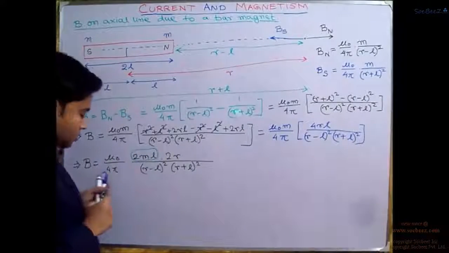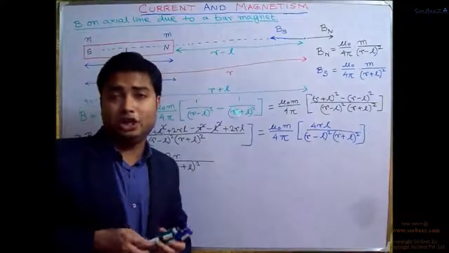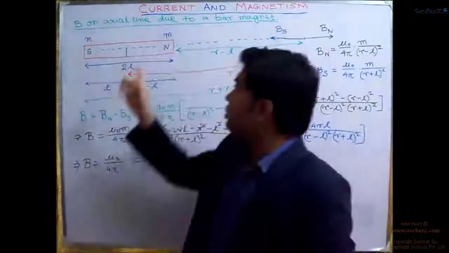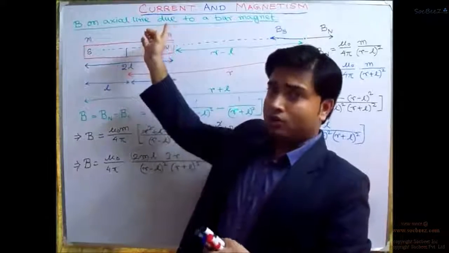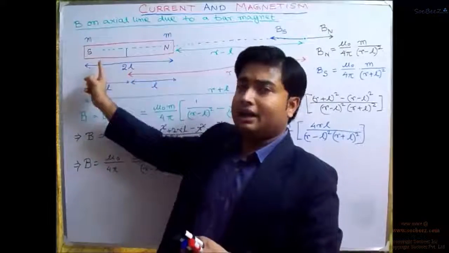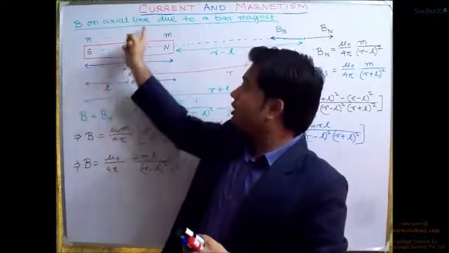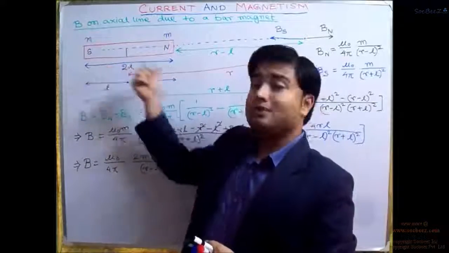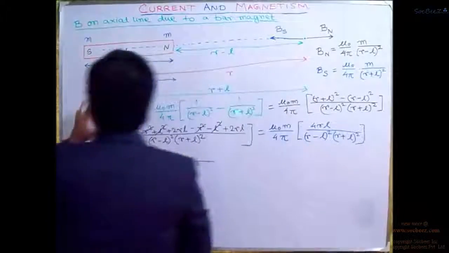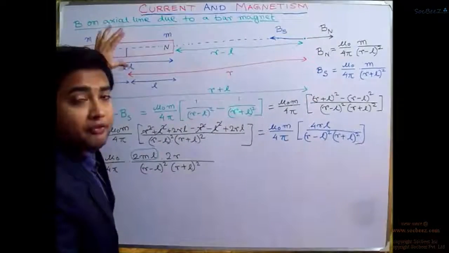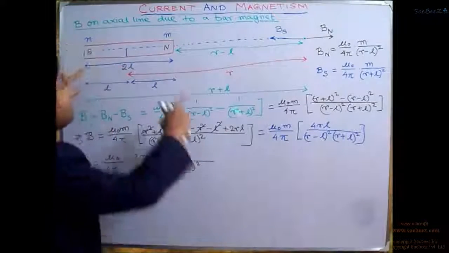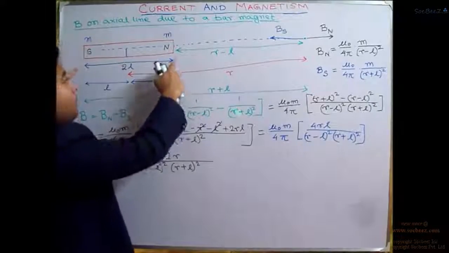And this expression of 2ml, we have seen in the previous lecture that the multiplication of the pole strength along with the length of this magnetic dipole, or say the bar magnet, will be equal to the magnetic dipole moment. Now what is the length? 2L multiplied by m.